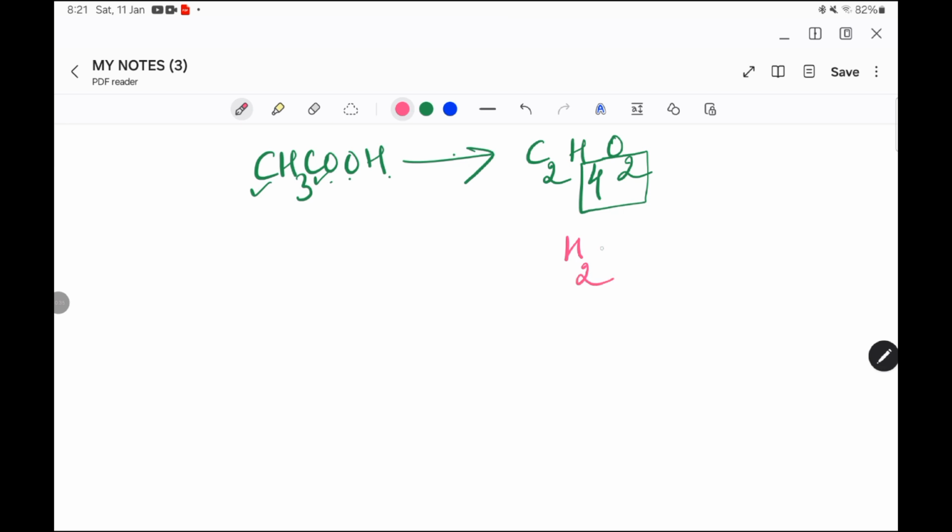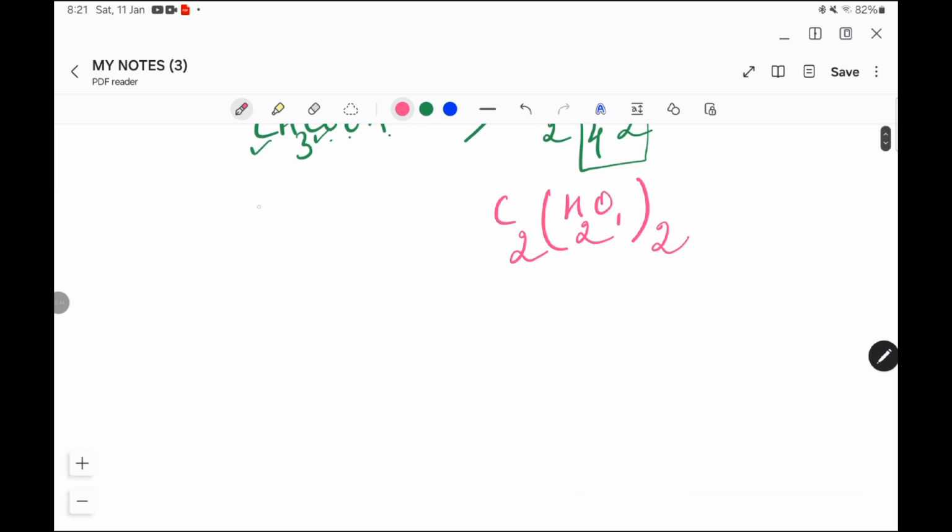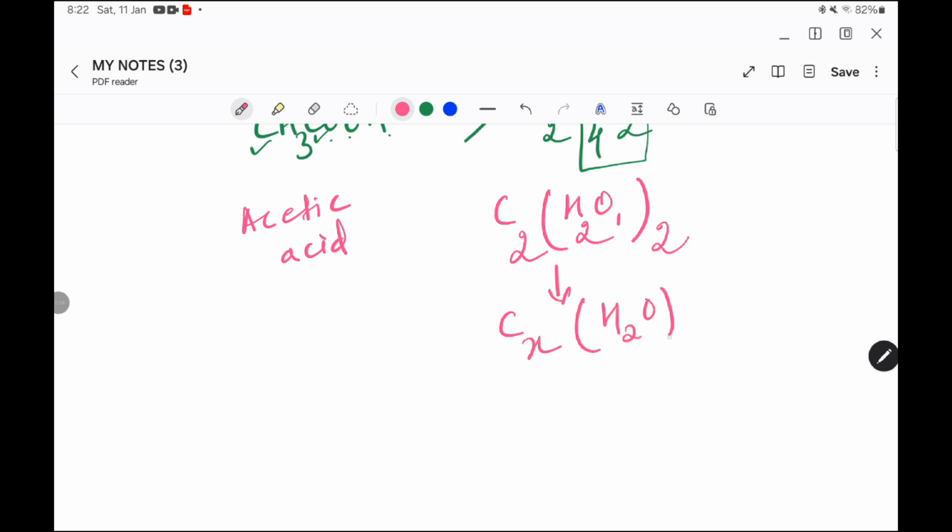So this becomes 2 and this becomes 1. Like this, we can have the formula of acetic acid as C2(H2O)2, and it actually fits into the carbohydrate definition, that is Cx(H2O)y.